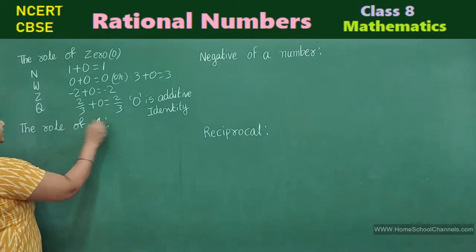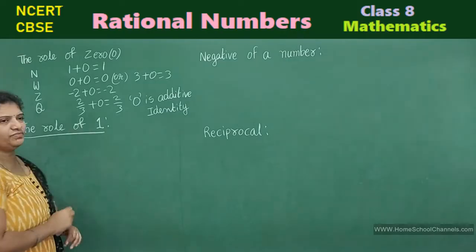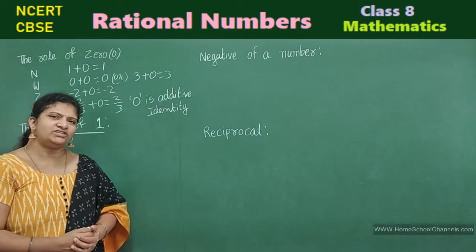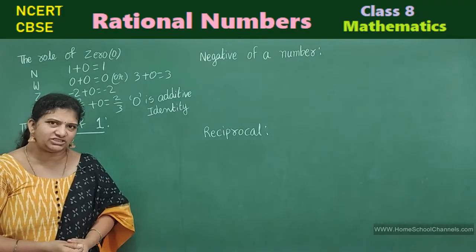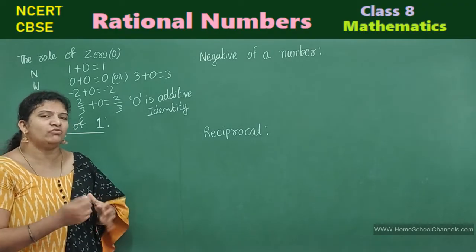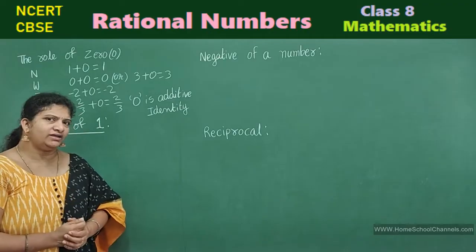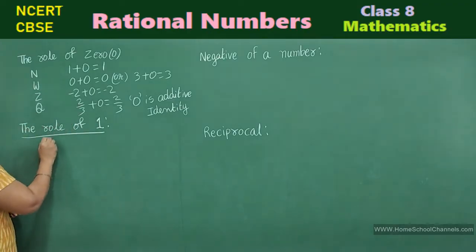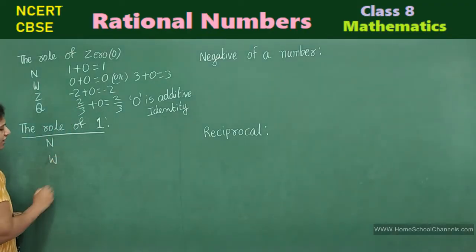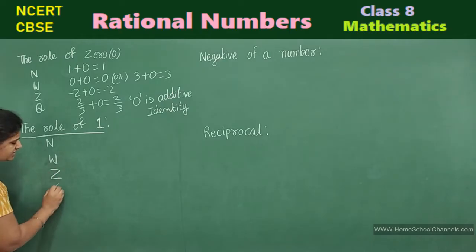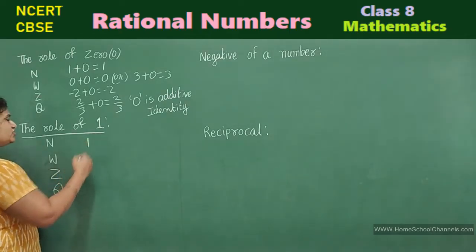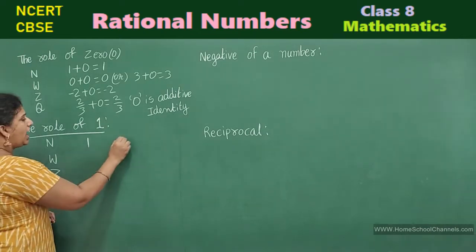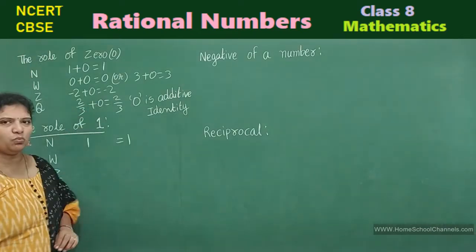Next, what is the role of 1? Where do you get 1, children? If you do addition, subtraction, multiplication, division, you should get the same 1. Where will you get it? Suppose I take natural numbers, whole numbers, integers, rational numbers. If I take any natural number, how do I get my answer 1?